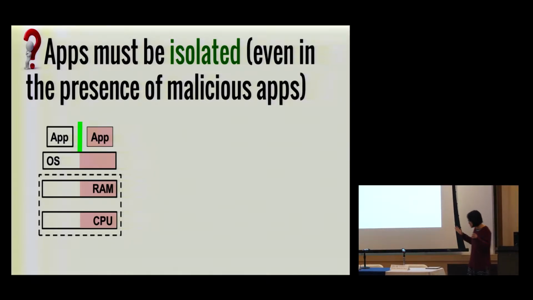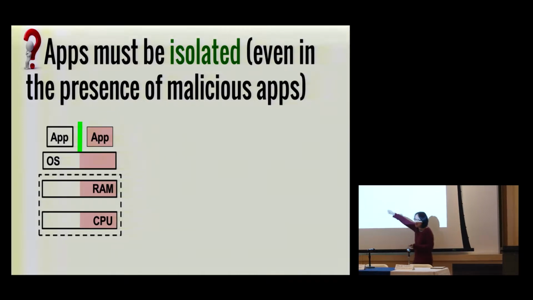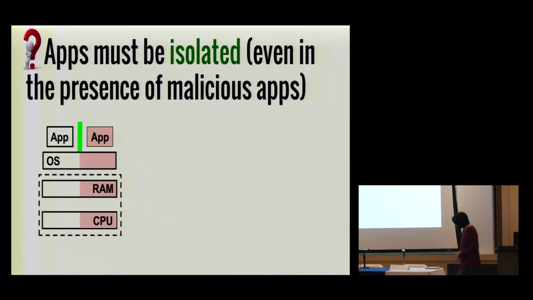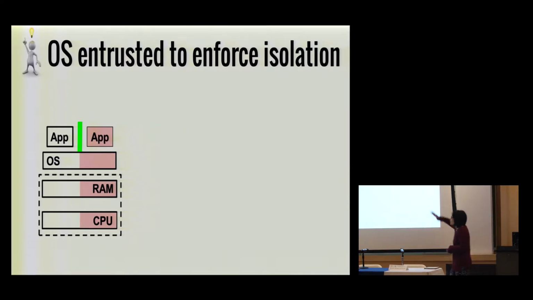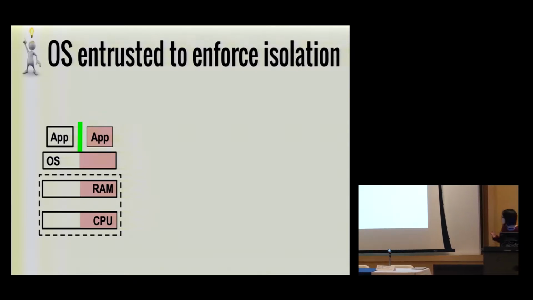I don't want my credit card number or my banking password to leak to this online gaming application. Therefore, ideally, we want to build a perfect wall separating these different applications. How do we do that? Obviously, the task will fall on the operating system. The operating system must enforce isolation between these applications.